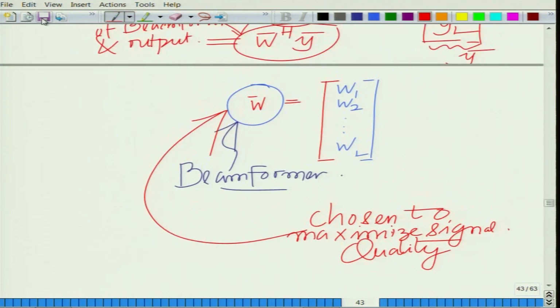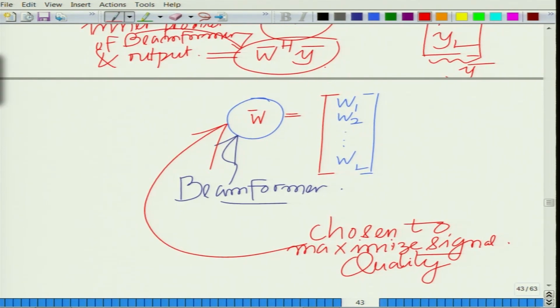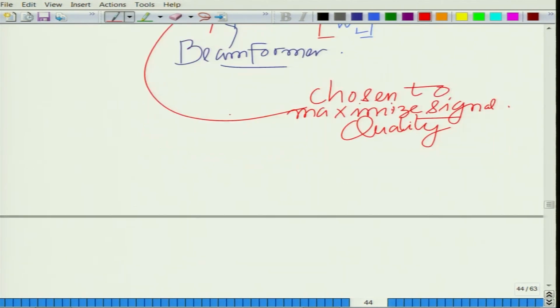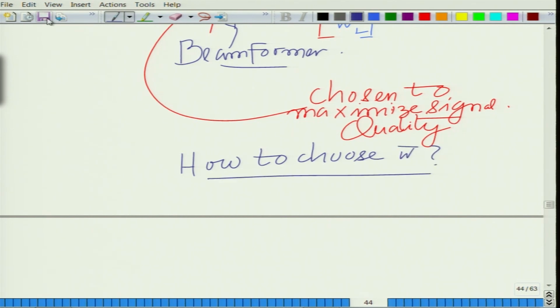You can clearly see the inner product, or the correlation, has a very important role to play in beamforming. You have the beamformer W bar, and you are forming its inner product with the output vector. Now, how to choose this beamformer? How to choose W bar?